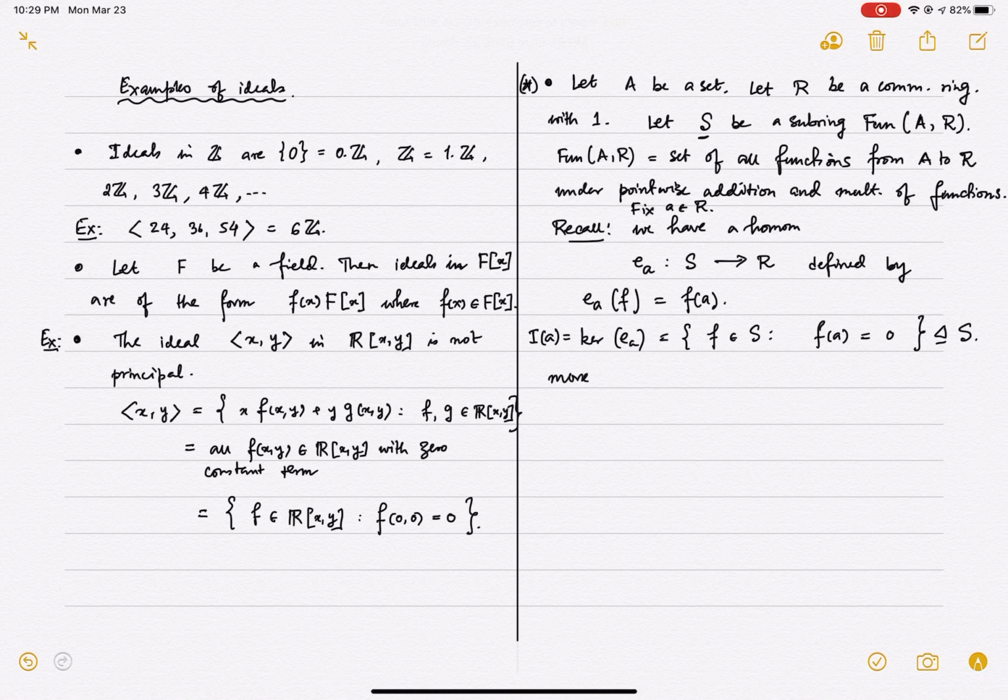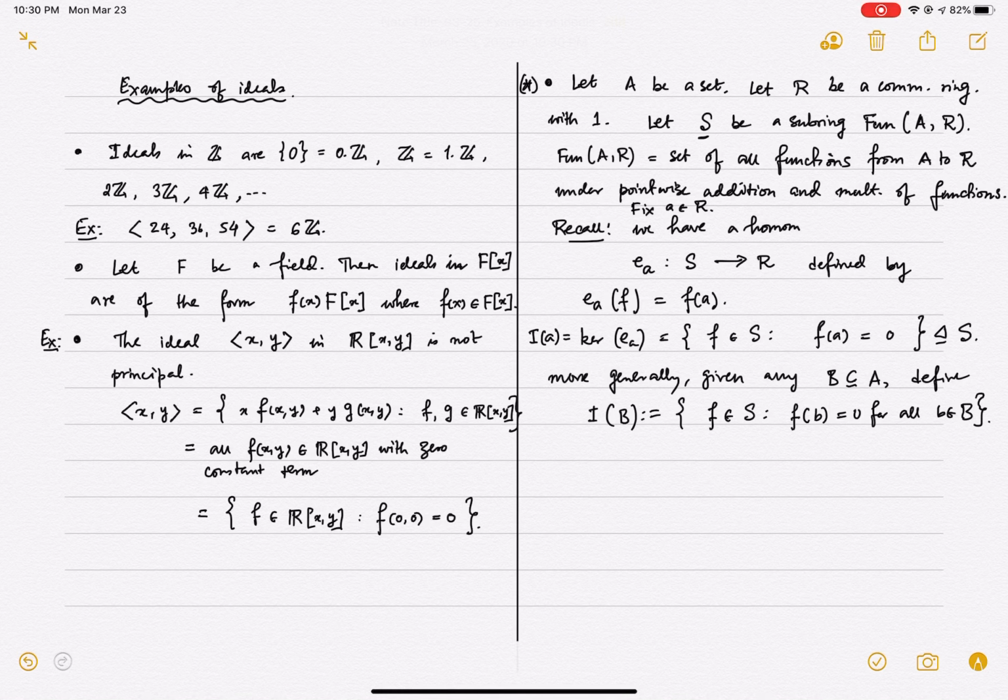More generally, actually, given any subset B of your A, you can consider I of B, which means all the functions in S such that they vanish not just at a point but at all elements of B, for all b in capital B. So these are the functions that vanish on this subset B. And you can check that this is also a two-sided ideal in S. And these are very important kinds of ideals.